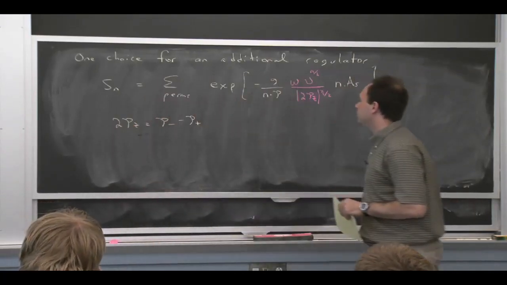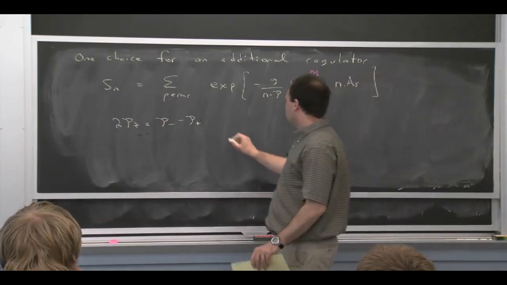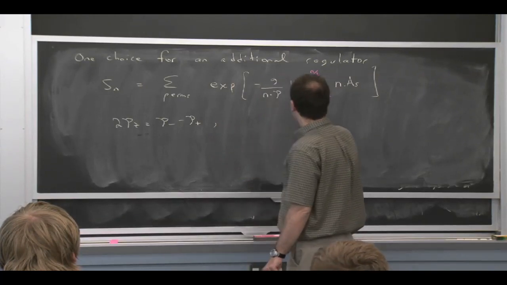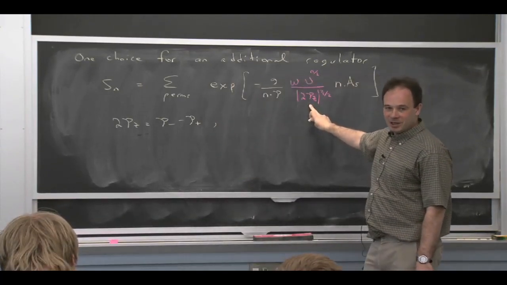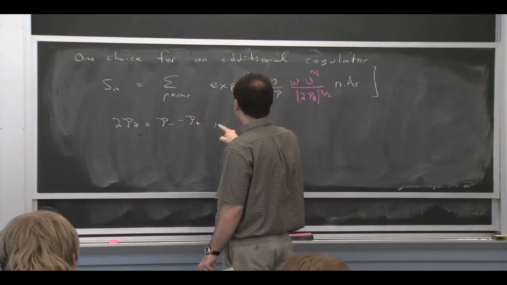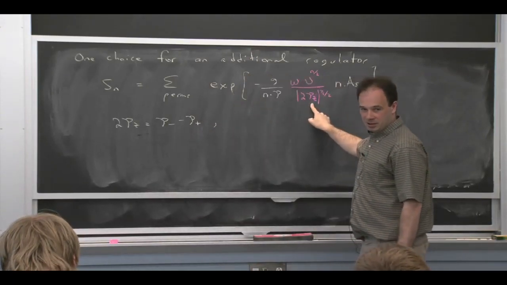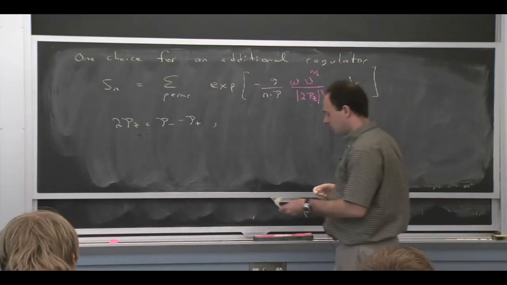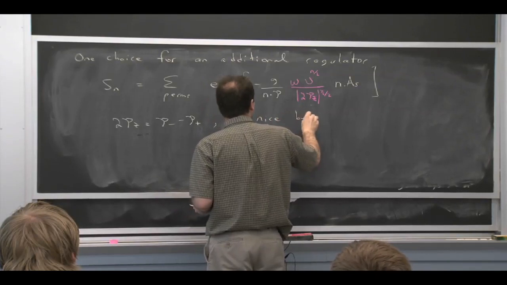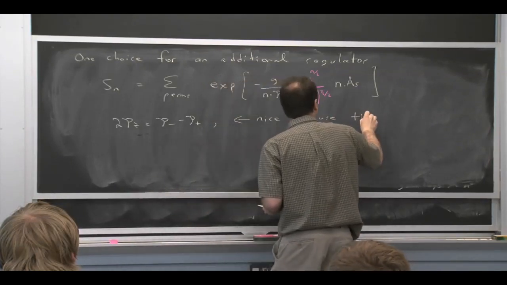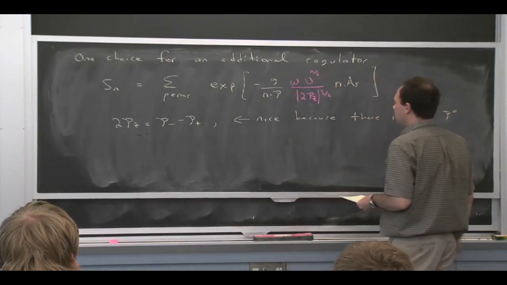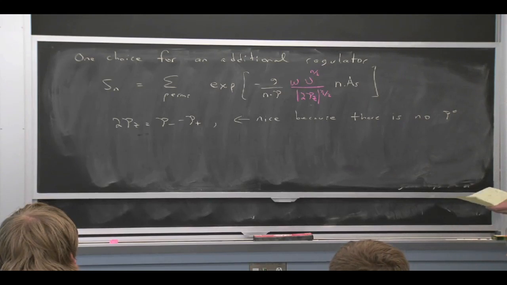You can motivate why you want to do pz rather than something else in the following way. It's a true fact that once you have enough experience, you realize it's good to use pz because pz doesn't involve p0. The softs don't really make a distinction between any of the different components, and putting in something that involves p0 would be dangerous. This is nice because there's no p0. It's the combination of p plus and p minus that doesn't have the p0, which is energy.